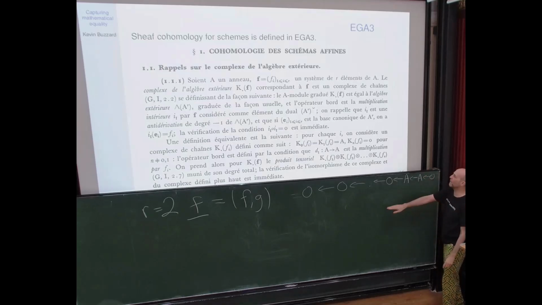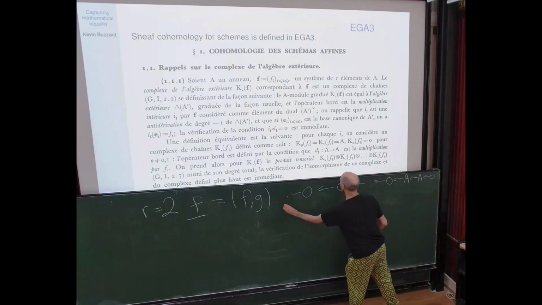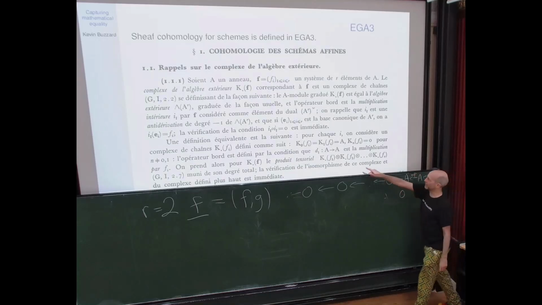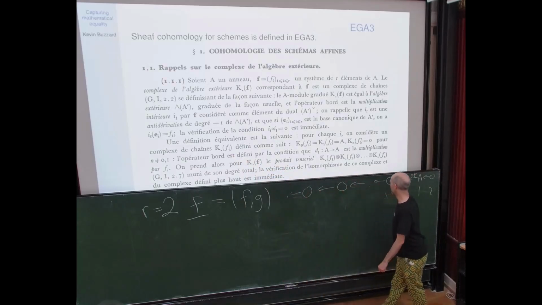So there we've got a complex that looks like this, and these terms are indexed by the integers, and this is 0 and this is 1, and then this is -1 and this is 2. And this is multiplication by f. So that's this chain complex K-dot of f. It looks like that.